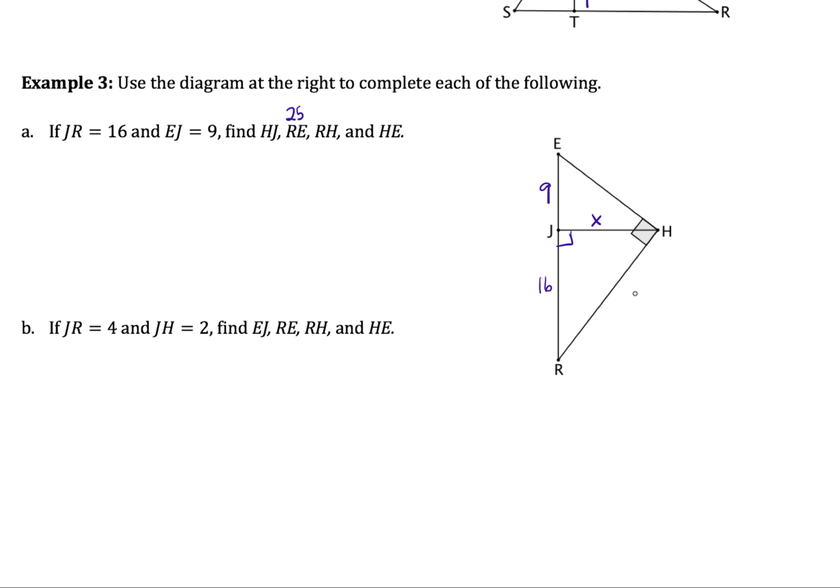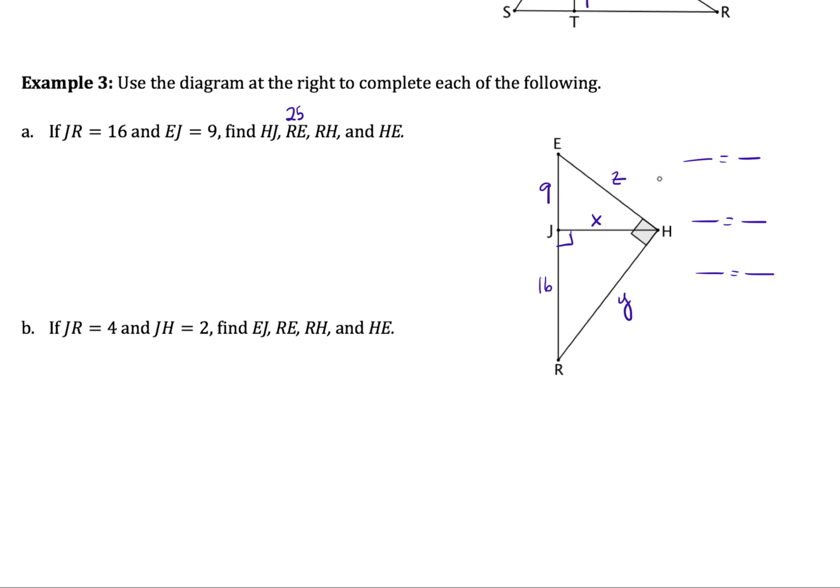We need to find RH. Let's call that a Y. And we need to find HE, I'm sorry. So we'll call that Z. Now, before we jump in and try to find these values, let's write out the three proportions that we know would be true because of corollary 1 and corollary 2 that we just talked about.